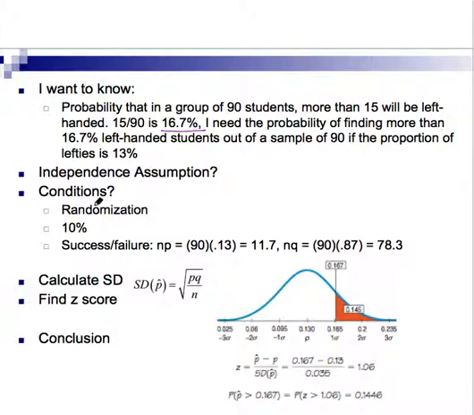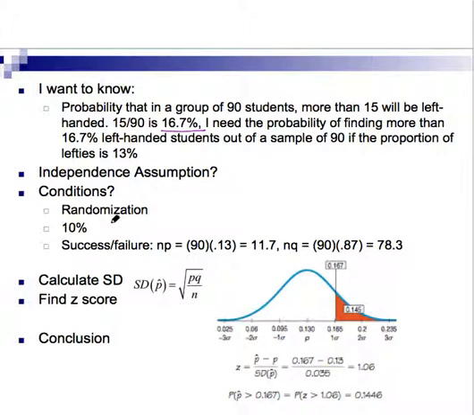As far as my conditions go, randomized: is it a randomized sample? Well, sure it is. Of the students at the college or at the high school, it's just people who are taking that class, so it is a randomized set. Are there less than 10% of the population? We don't know how big the school is, but we're going to assume that it's less than 10%.